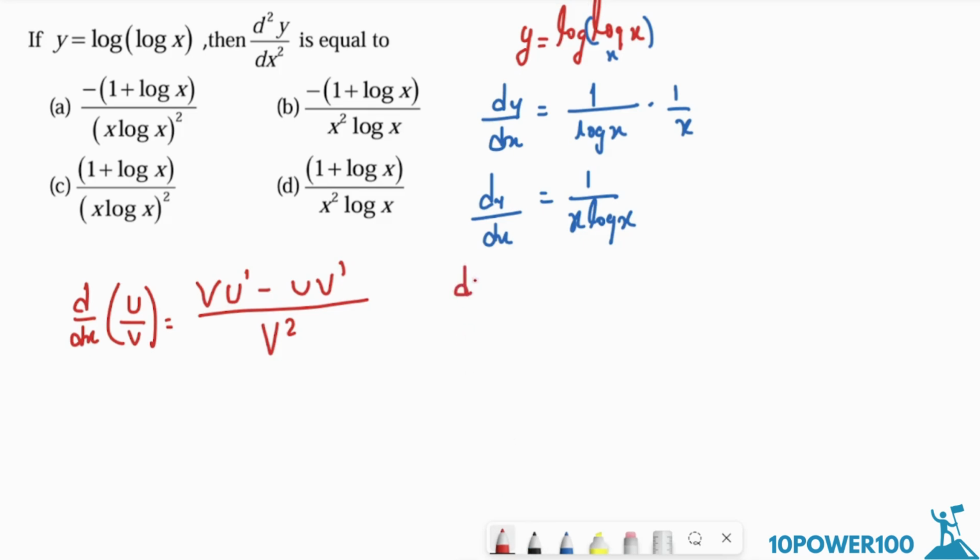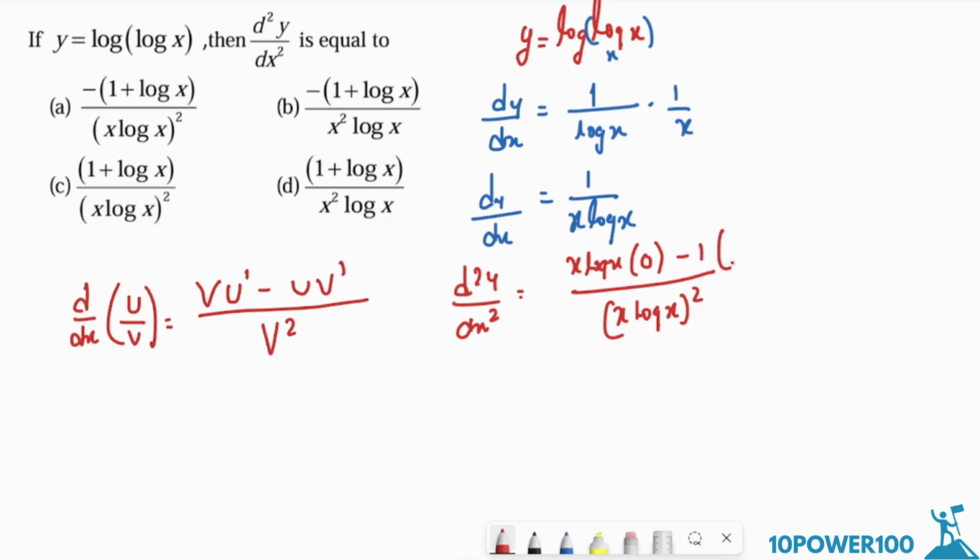Once again, d square y by dx square is equal to the denominator square. Denominator is x log x, the whole square. And now u dash, the differentiation of the numerator. Differentiation of 1 is 0. Minus, now we should differentiate x log x. Here once again we have to use the product rule.